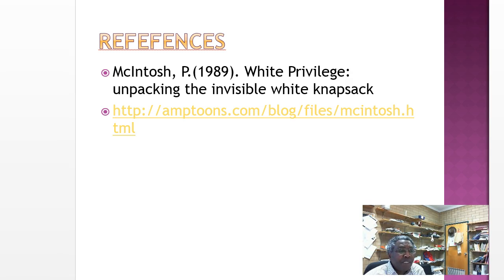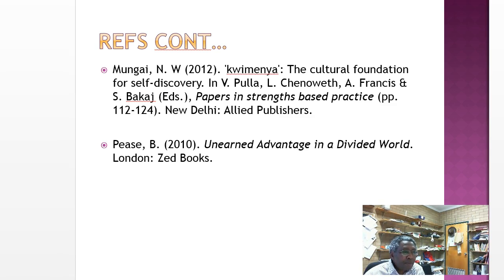That's White Privilege: Unpacking the Invisible Knapsack. If you want to look at the issue of culture and self-knowledge, you can look at my article called Quimenya. I would also recommend Bob Pease's book, An Earned Advantage in a Divided World. It's one of the best books in discussing that issue of privilege.